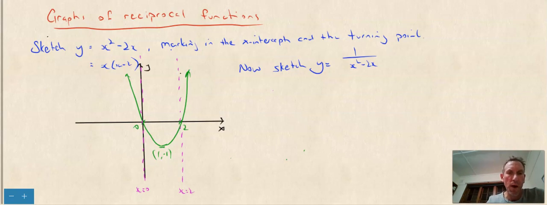So I know that my reciprocal is also going to go through this point, and it's going to form a turning point. But the turning point is going to be a maximum, or a local maximum in this case. As I get closer into 0 here, my values of the function are getting super large. So I'm doing something like this in this part of the curve, in this zone.